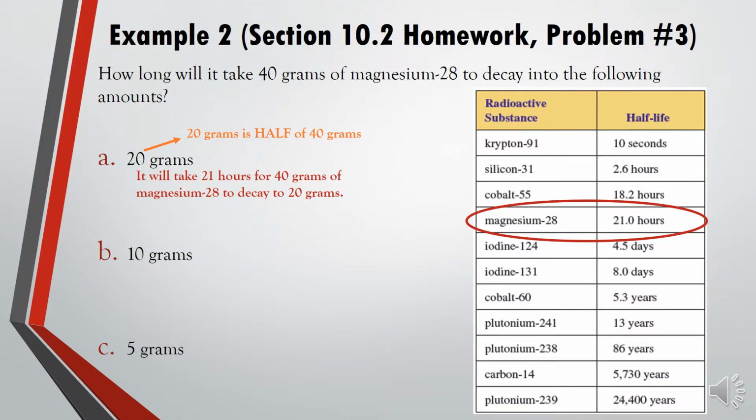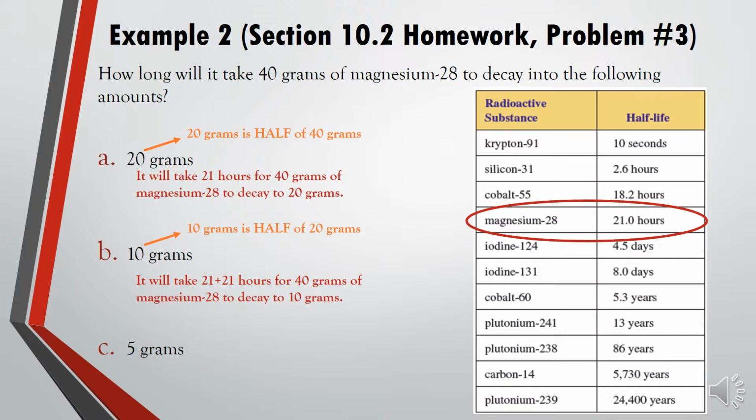In part B, it wants to know how long will it take 40 grams to decay to 10 grams. Well, 10 grams is half of 20 grams. So if it took 21 hours for 40 grams to decay to 20 grams, then it's going to take 21 plus another 21 hours for 20 grams to decay to 10 grams.